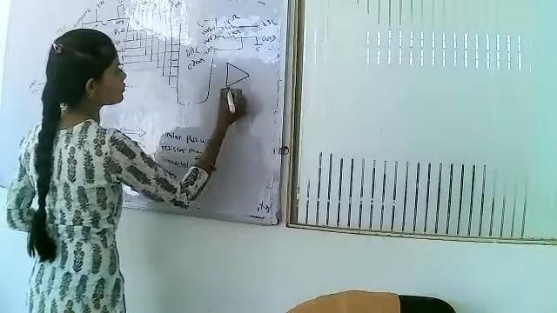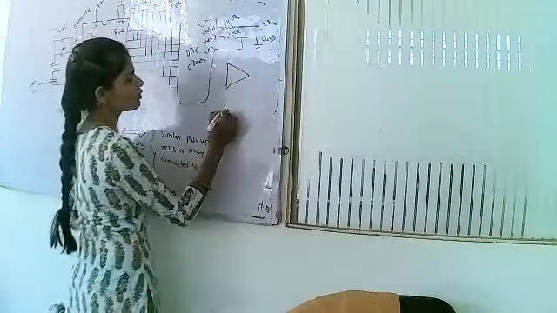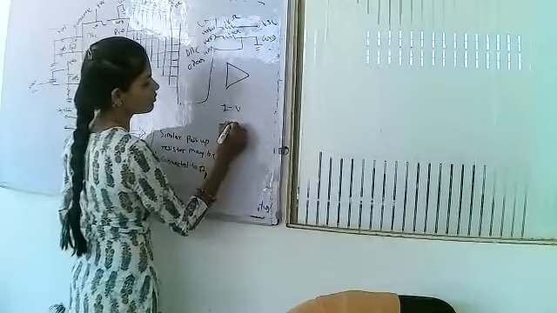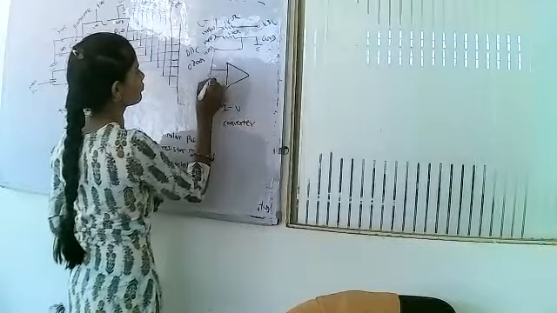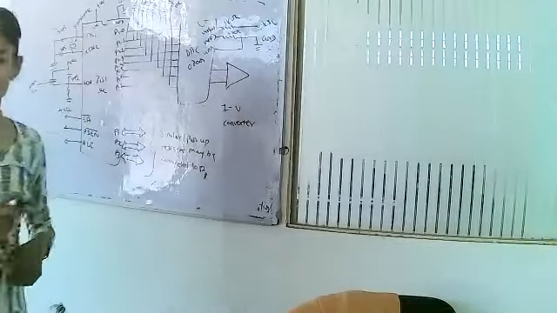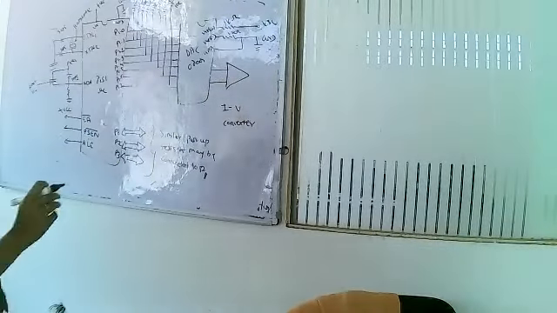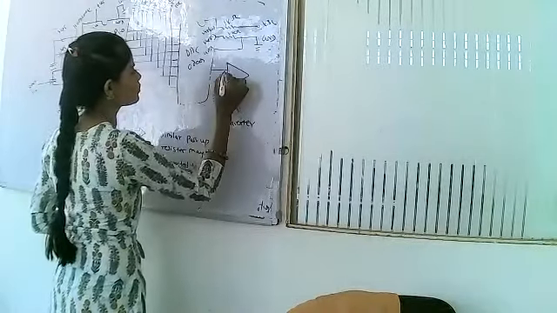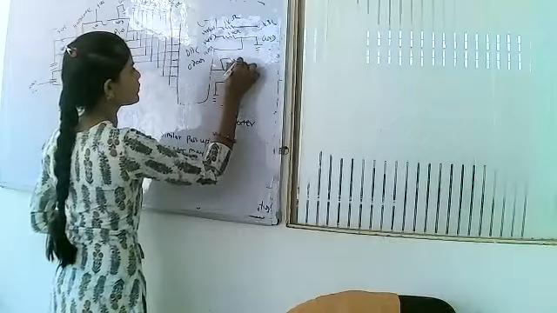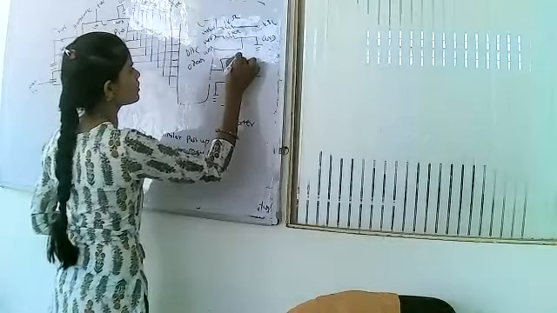Here an op-amp is used as a current to voltage converter, the I to V converter. One terminal of the I to V converter is connected to ground, with a 5 kilo ohm resistor.